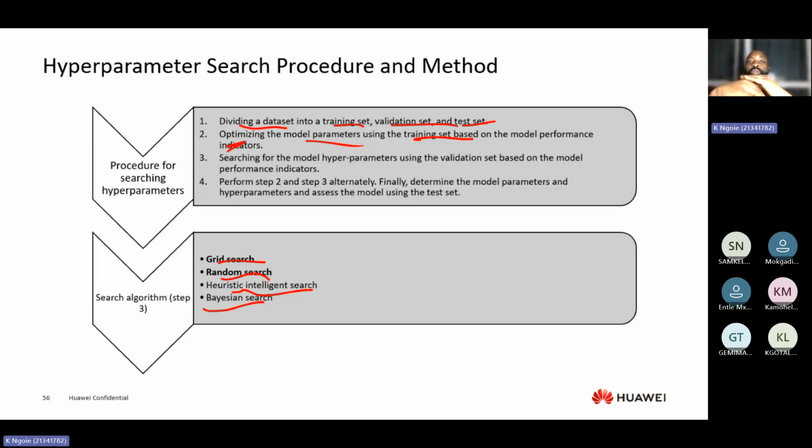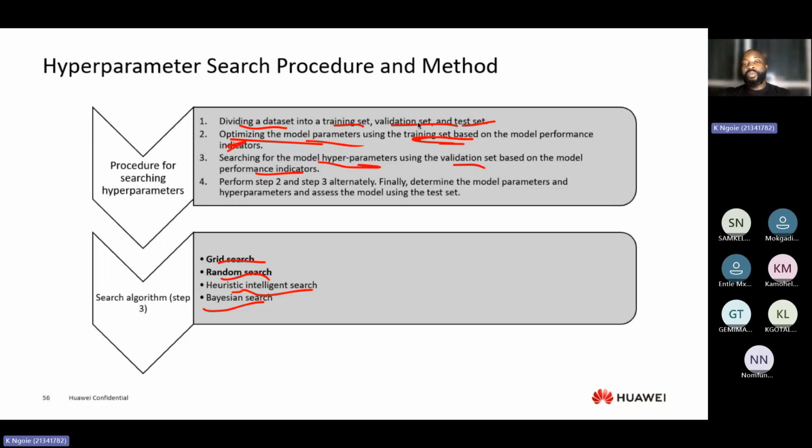Basically, you're going to search for the model hyperparameters using the validation set based on the model performance indicators. And then you perform this step: you optimize the model parameters using the training set, and then you search the model hyperparameters using the validation set. Remember we've divided the data, we have a validation set, we have a training set.